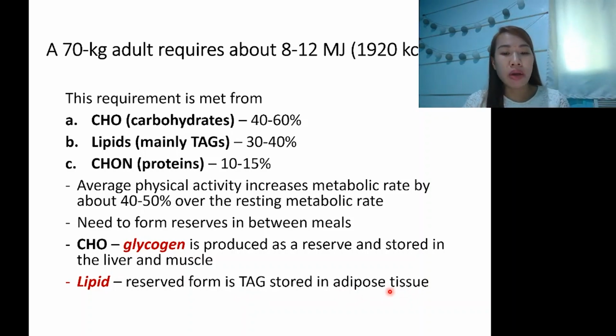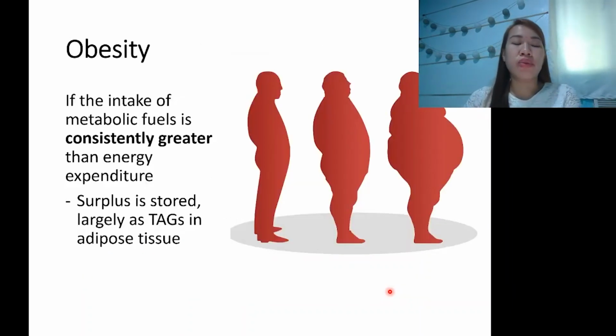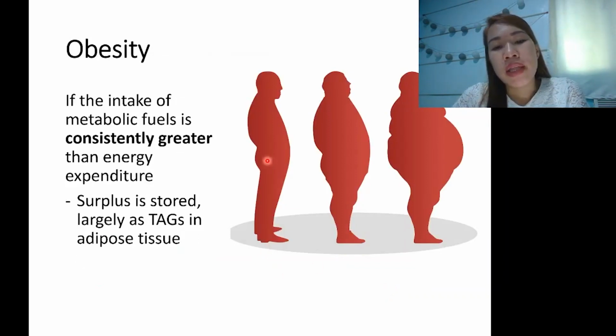Okay, now talking about storage in adipose tissue, we now talk about what we call obesity. So from this lean body to this body with a lot of stored fat. So if the intake of our metabolic fuel is, take note of the term, consistently greater than our energy expenditure, meaning we eat a lot of carbohydrates or food containing a high energy source, whether that's protein or fat or carbohydrate, and it is consistently greater.